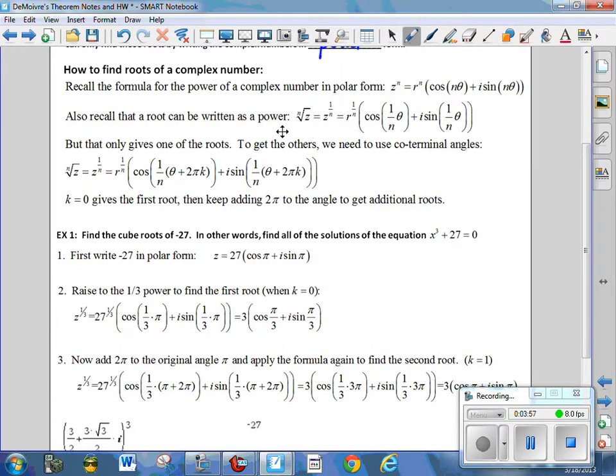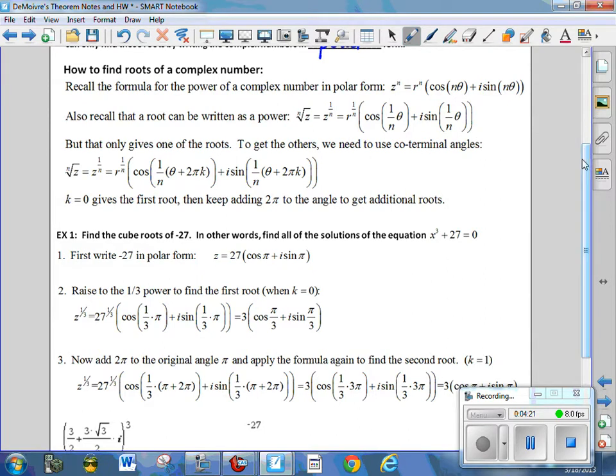So like the square root would be z to the 1/2, the cube root would be z to the 1/3, the fourth root z to the 1/4, and so forth. So this follows the same pattern, so I do r to the 1 over n times cosine of 1 over n times theta plus i sine of 1 over n times theta. So this is in general how you would find a root of a complex number.